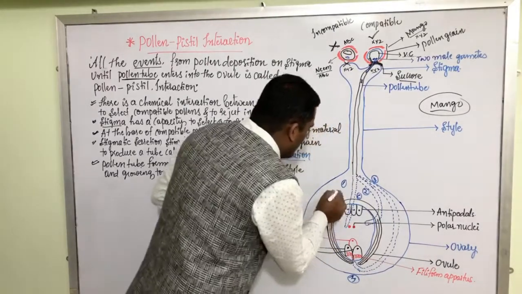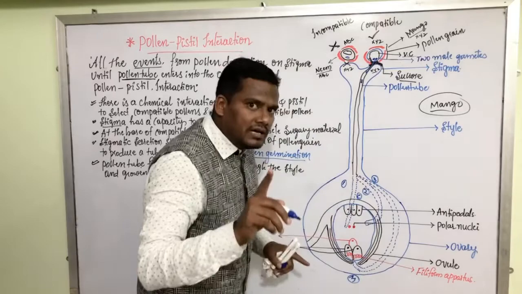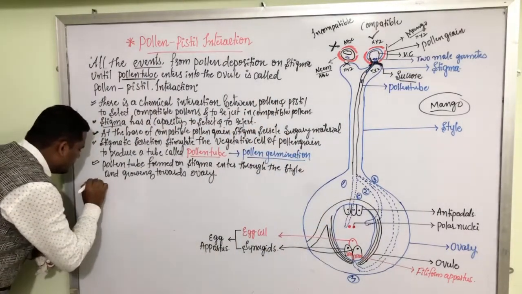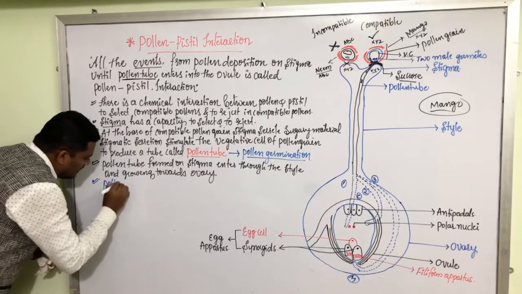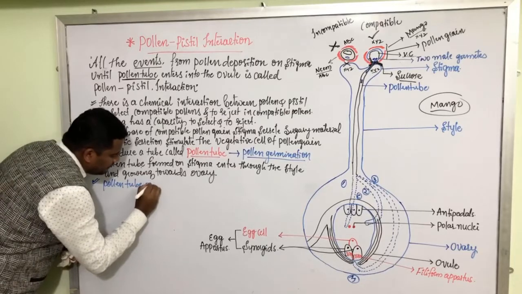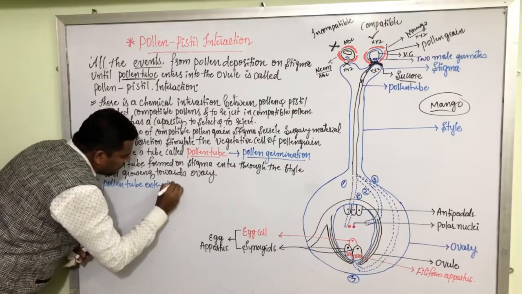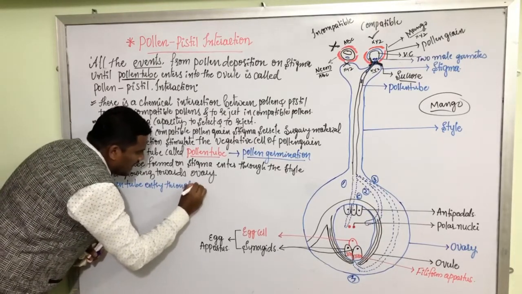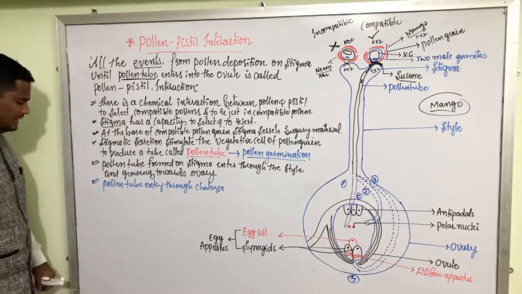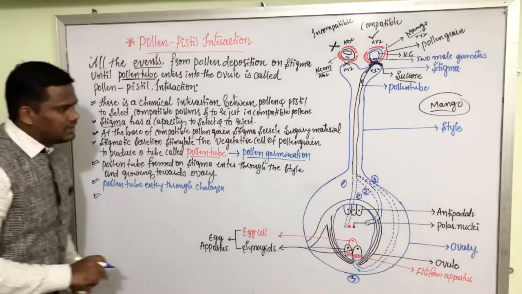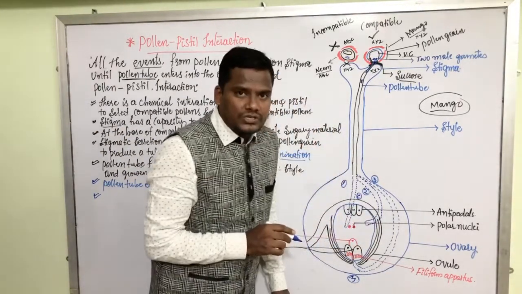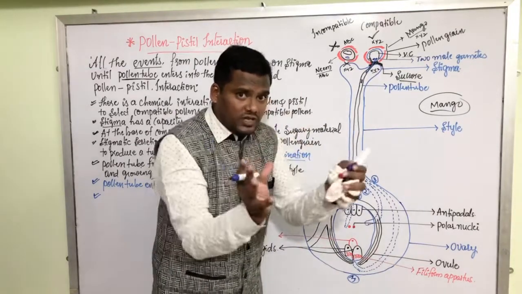If the pollen tube enters the ovule through the chalaza, pollen tube entry through chalaza. This is the first possibility. Second possibility, the pollen tube enters through the integuments, outer and the inner integuments, protective layers of the ovules.